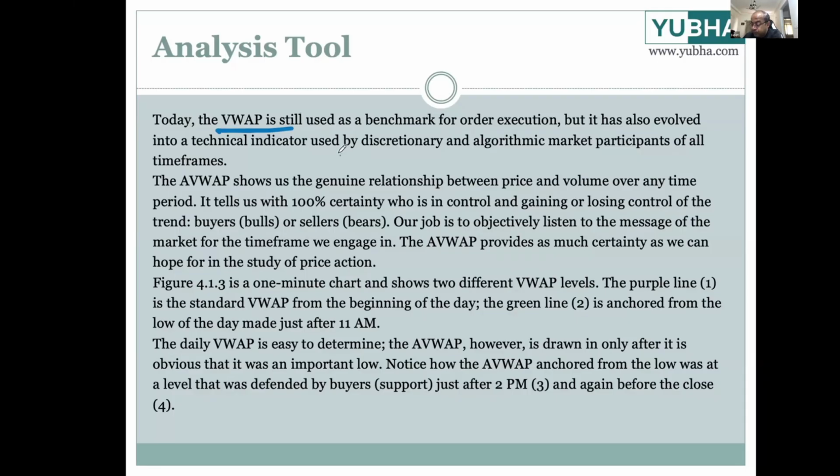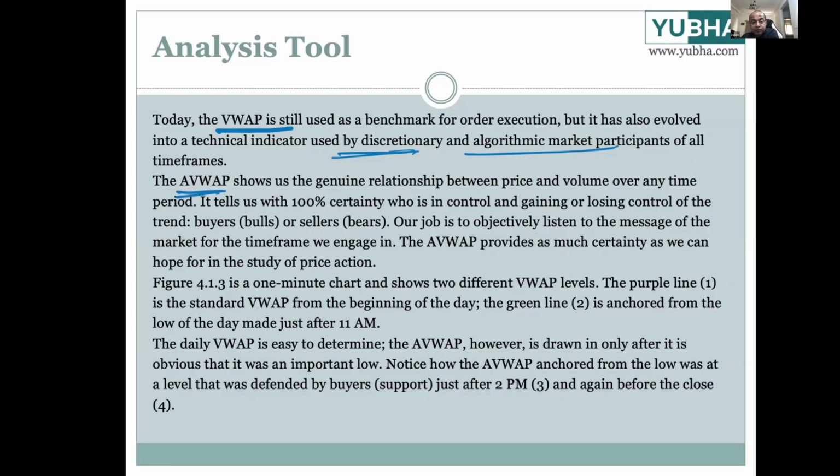It is used both by discretionary traders as well as algo traders, and in most cases, VWAP is used as an intraday tool, and a lot of intraday scalpers would be using VWAP as an indicator around what the large players are doing, whether the buyers are in control or the sellers are in control.